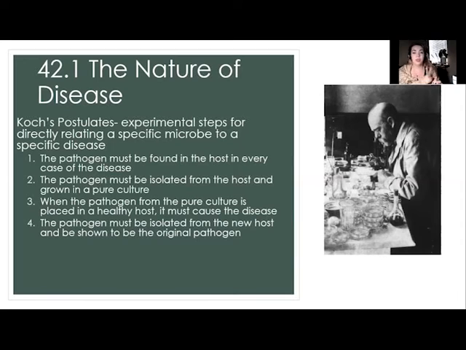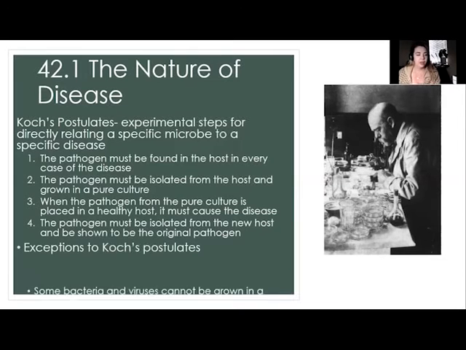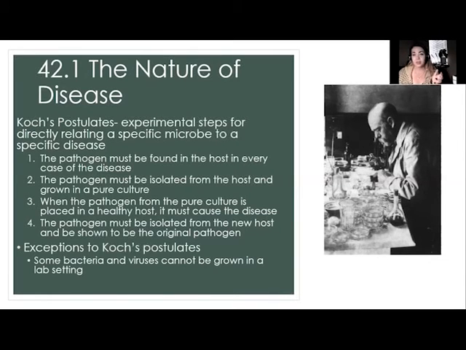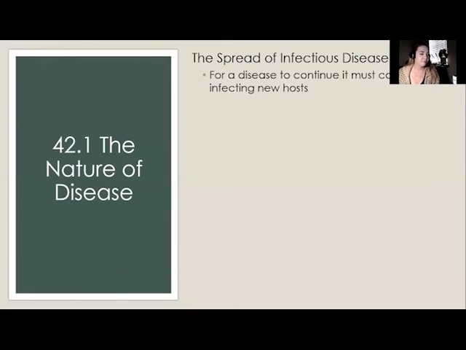So just proving that it's the same kind of bacteria. There are some exceptions to Koch's postulates, and that includes the kinds of organisms that can't survive in a lab setting, as well as things that you just wouldn't grow in a lab setting because they're too dangerous, which if they knew more about anthrax at the time, that would have been one of them.